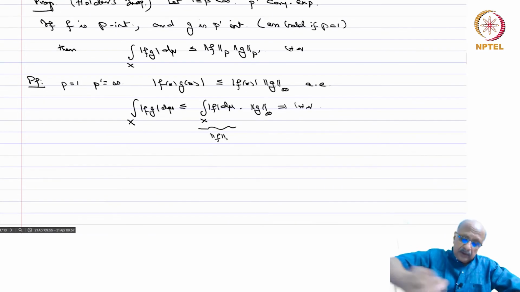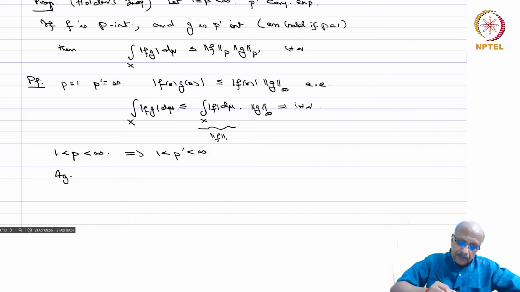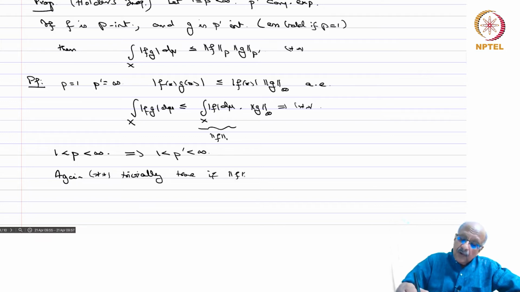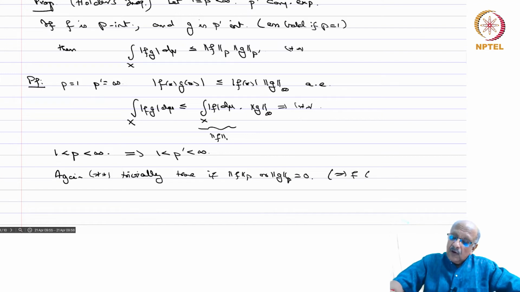So now we assume that 1 is less than p less than infinity. This implies, of course, that 1 is less than p' less than infinity as well. And then again, double star is trivially true if ‖f‖_p or ‖g‖_{p'} equals 0, because in that case f or g equals 0 almost everywhere.